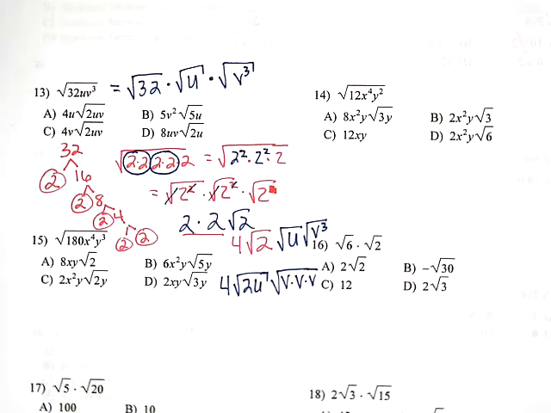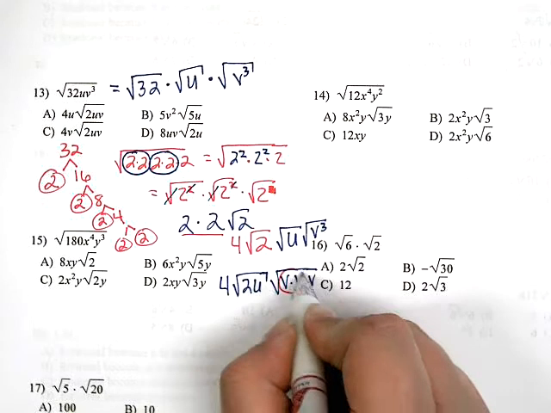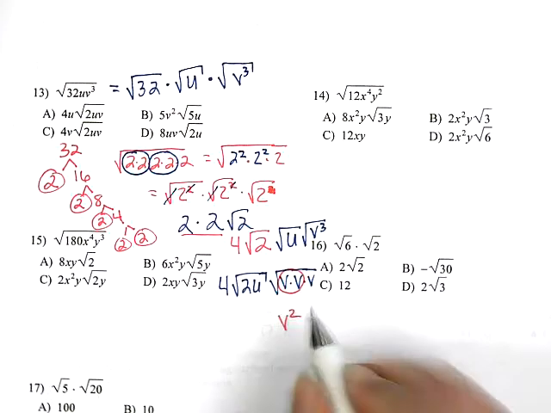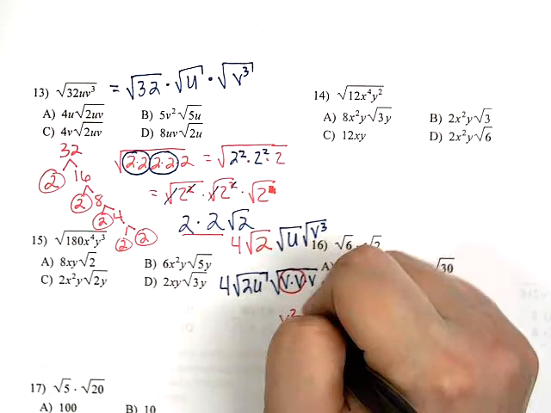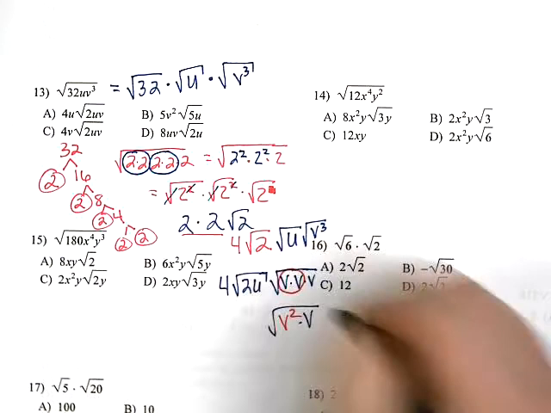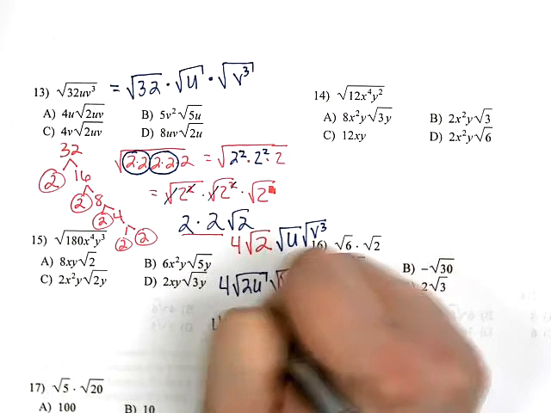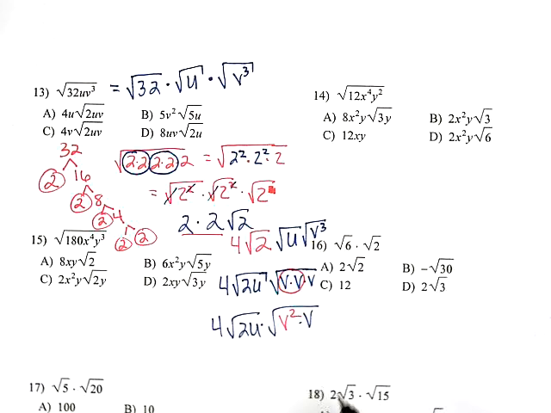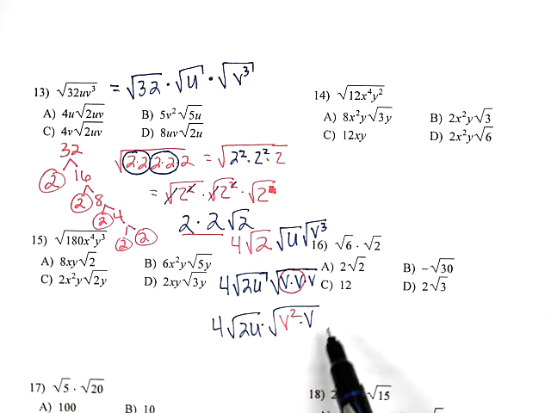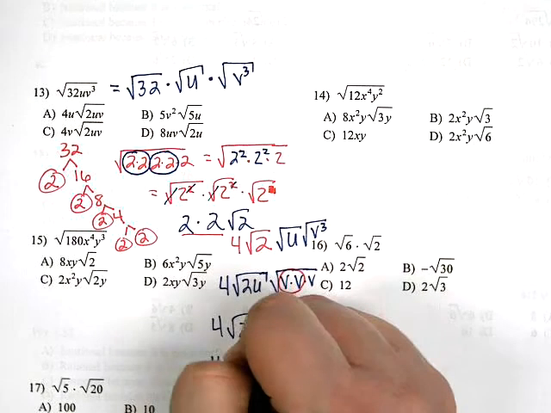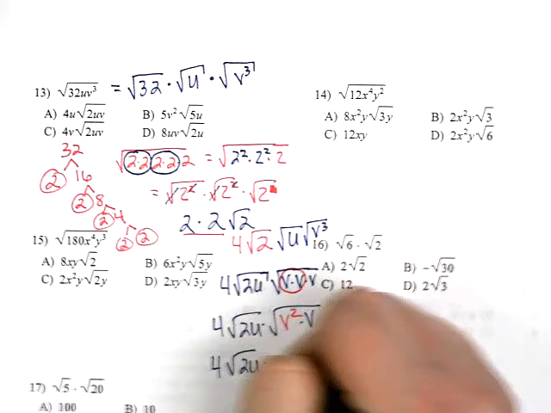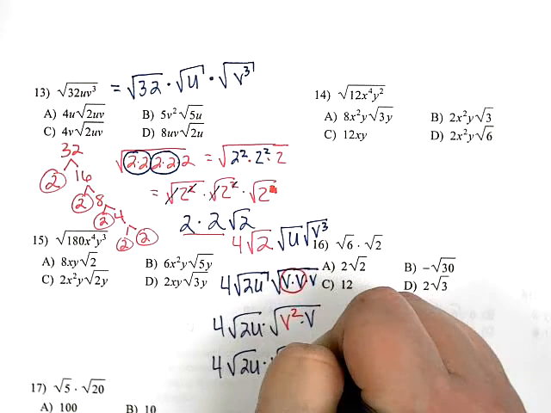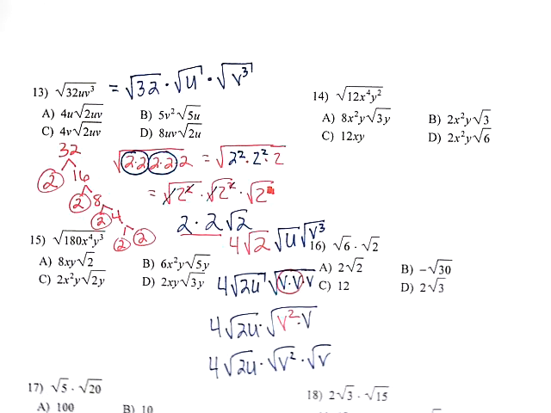I see a pair of v's, so I can rewrite that as v squared, and everything else is staying the same. So 4 square root 2u times the square root of v squared times the square root of v.